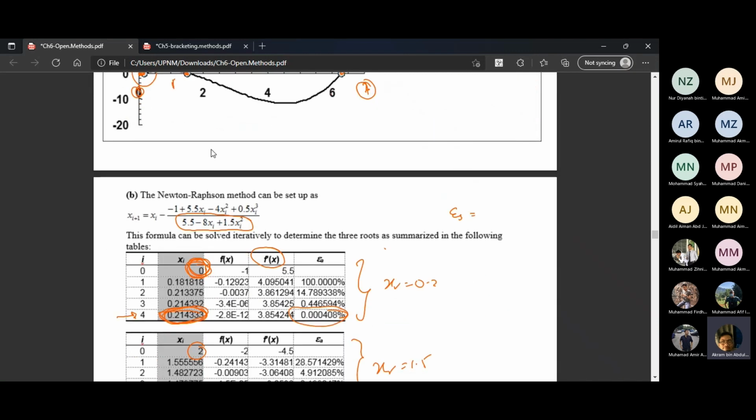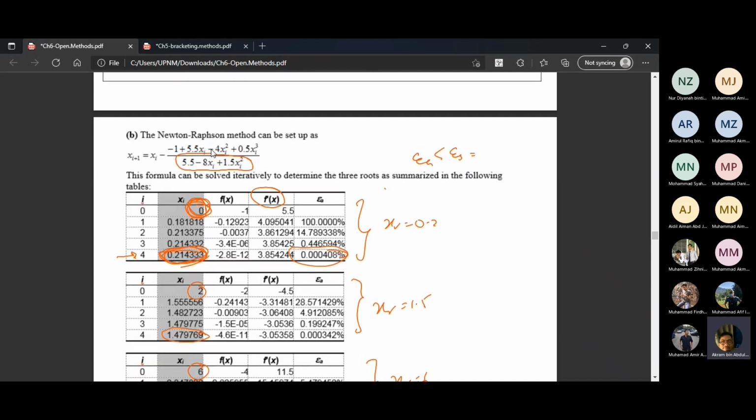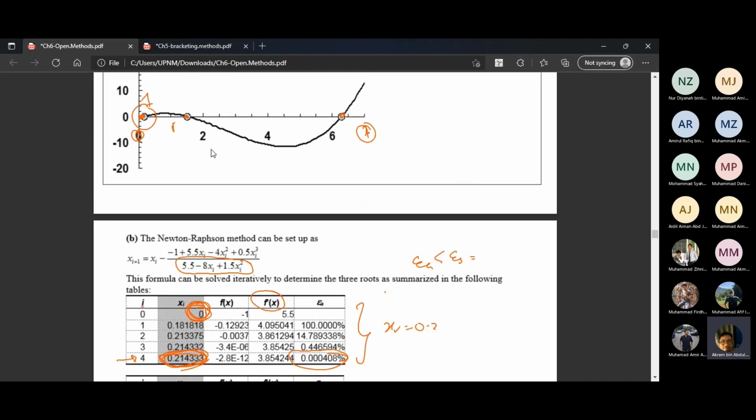So when we reach the fourth iteration, we get our epsilon a less than epsilon s. So we can stop and you can see that this is our answer. So our first root will be at 0.214333.